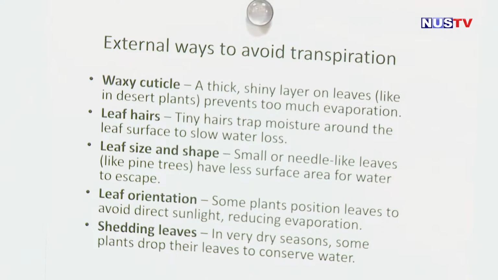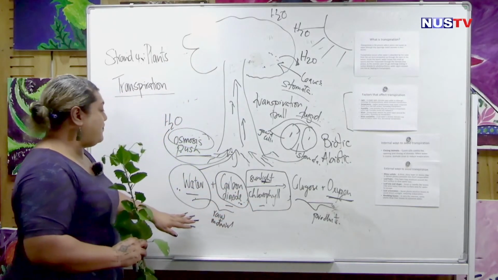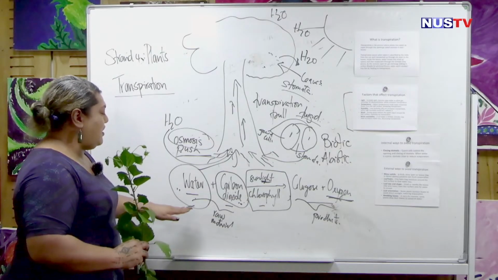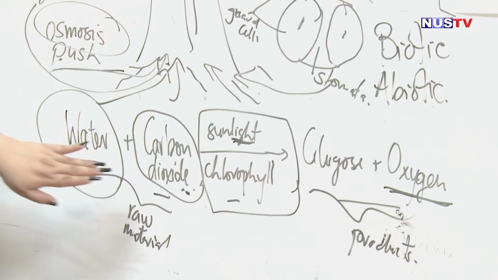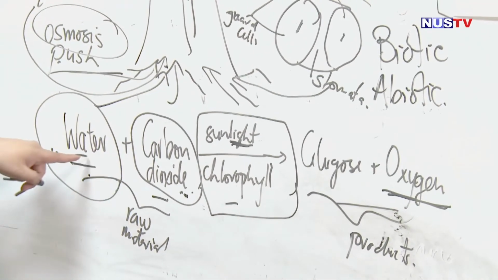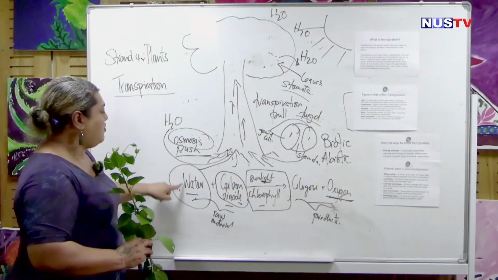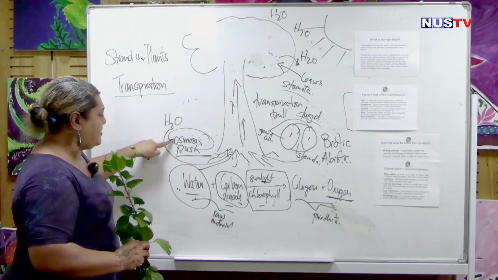So in summary, photosynthesis. The raw materials are water and carbon dioxide. The water goes into the plant through the roots through the process of osmosis.